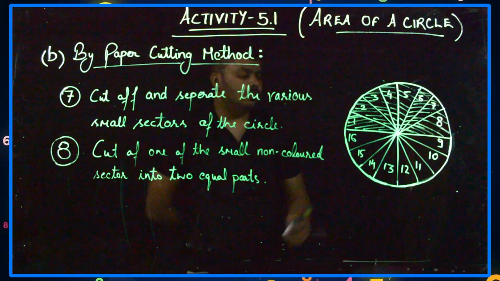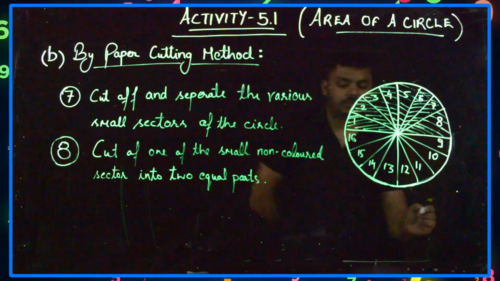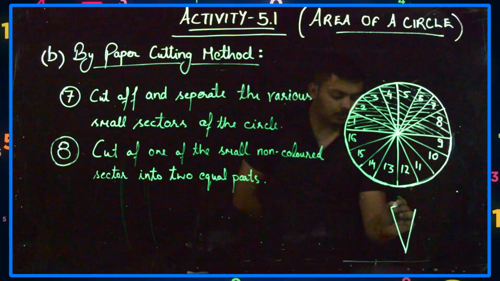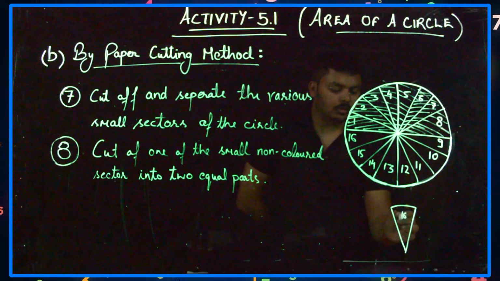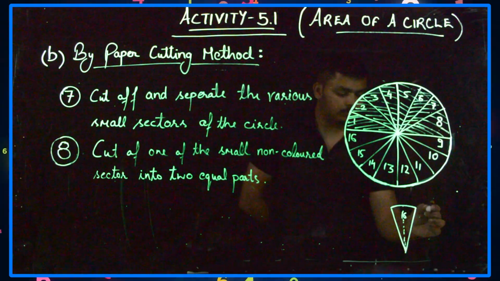That is, we take a non-colored sector. Suppose we take sector 16 and divide it into 2 equal halves.